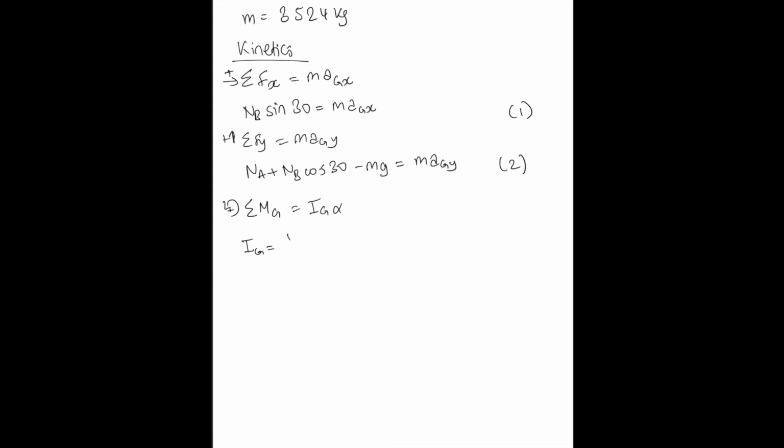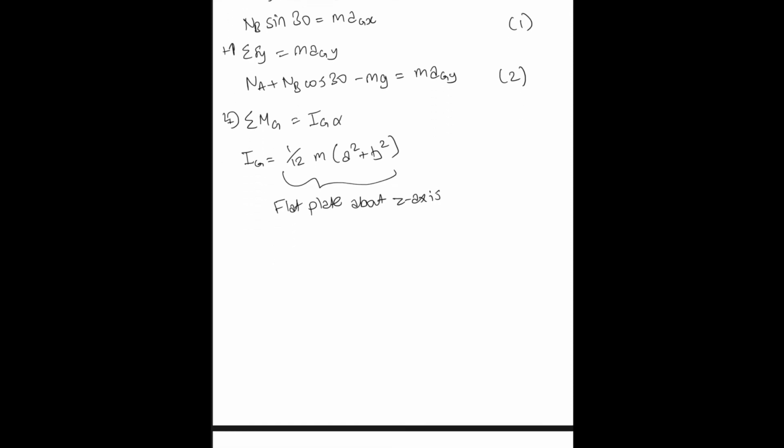So for that, it's going to be equal to 1 over 12 multiplied by m multiplied by a squared plus b squared. This equation over here is for a flat plate rotating about the z-axis.